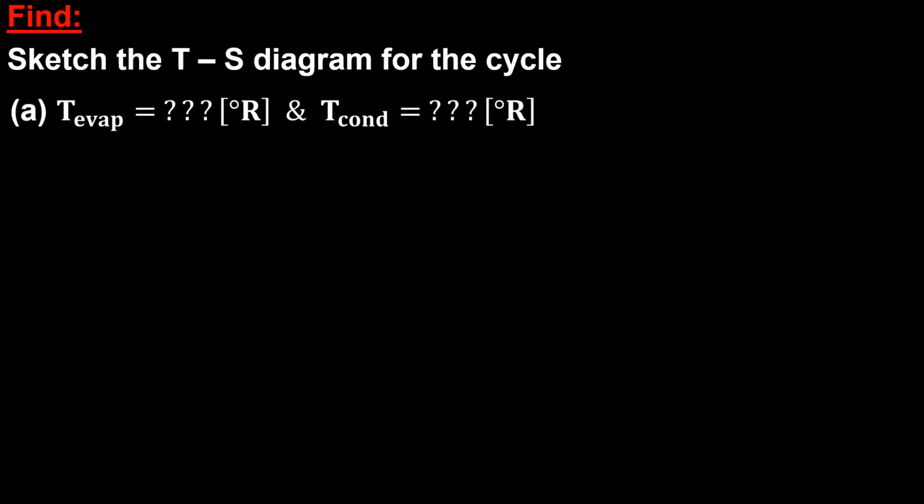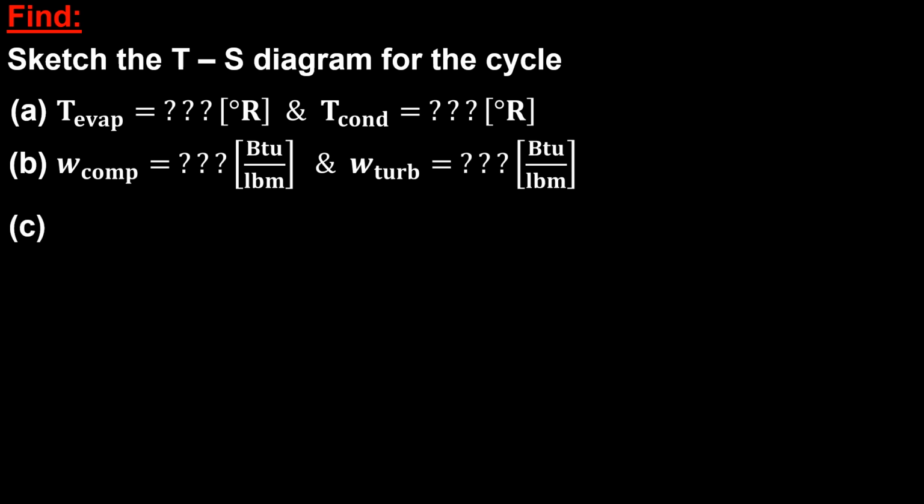We are asked to sketch the temperature entropy diagram for the cycle. We want to find the temperature of the evaporator and the temperature of the condenser in degrees Rankine. We want to find the specific work of the compressor and the specific work of the turbine. We want to find the coefficient of performance, the actual one, from the measurable data given, and we want to find the maximum theoretical one.